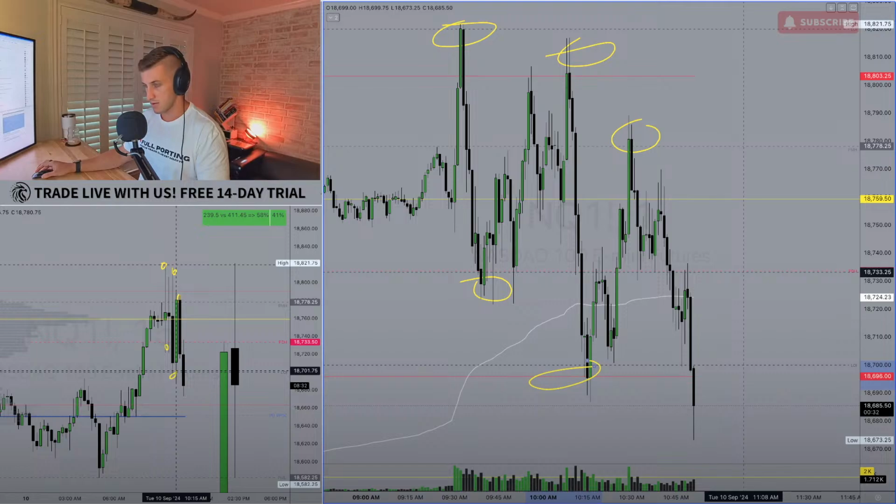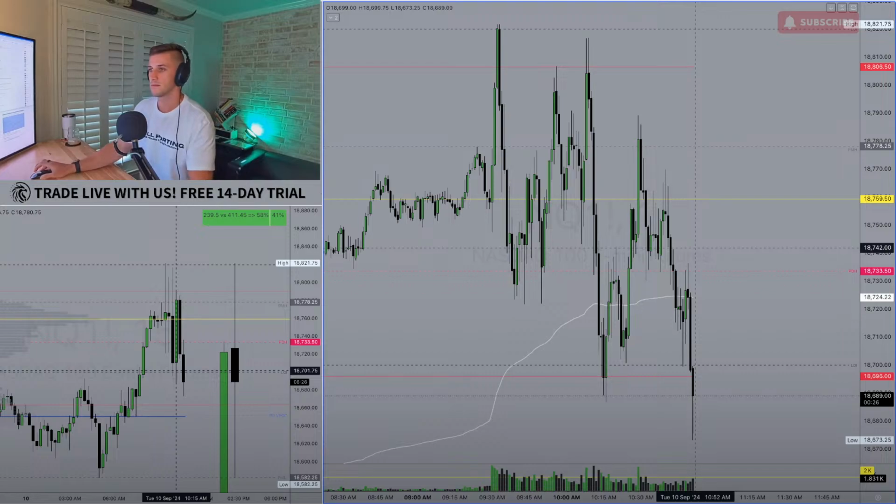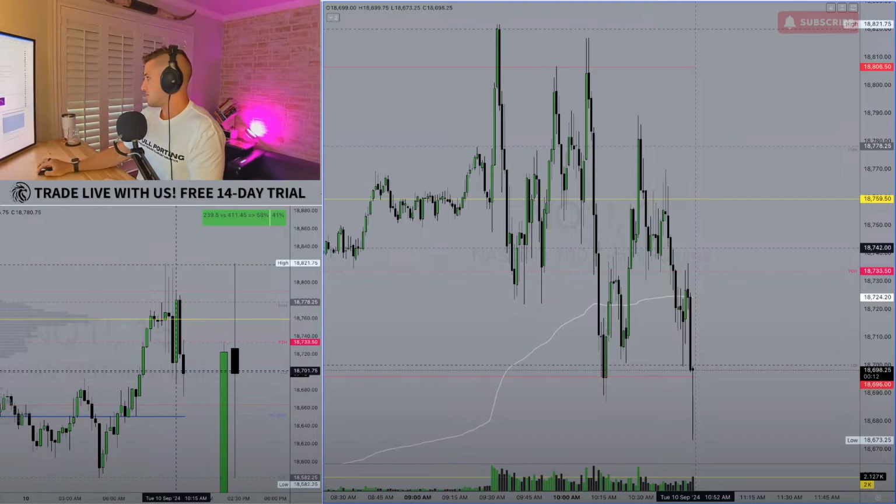Lower highs, lower lows. Then the question becomes, is this actually a push lower, or is this going to be like a spring type of setup up through the 700?